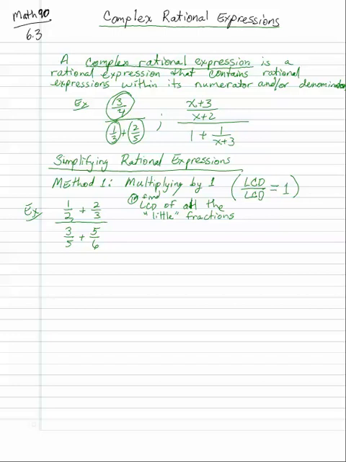So I want the LCD for 2, 3, 5, and 6, which is equal to 30. So what you're going to do is take this fraction and multiply it by 30 over 30.